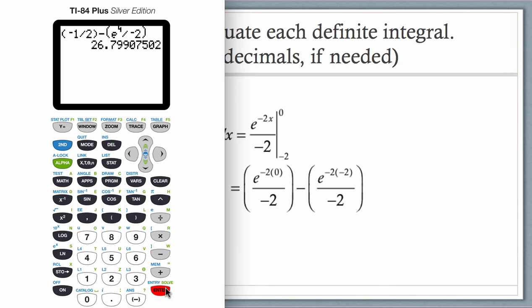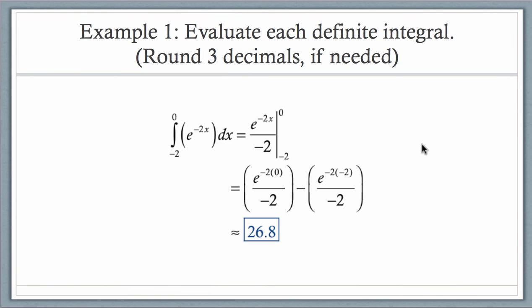And I get about 26.7990750. Rounding that to 3 decimal places, well, 0.799, that's just going to be 0.8. So 26.8 is my solution.